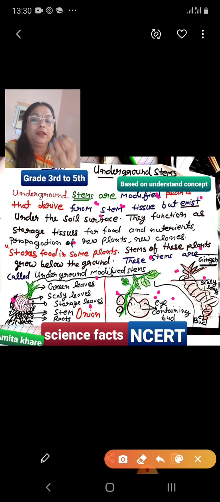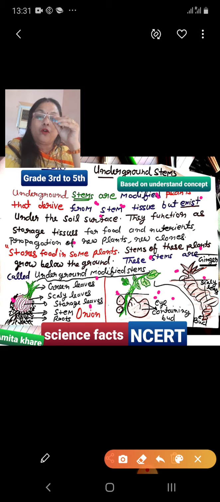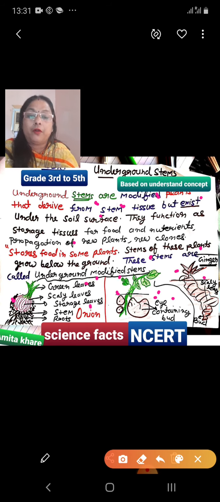The stems of these plants grow below the ground, existing vertically below the ground. These stems grow below the ground and are called underground modified stems.